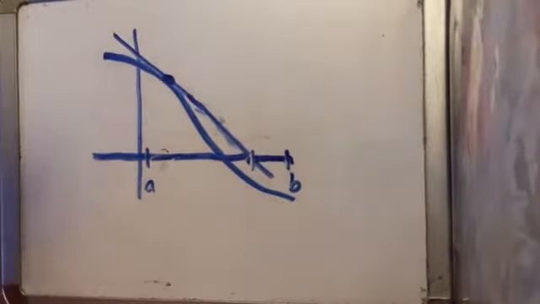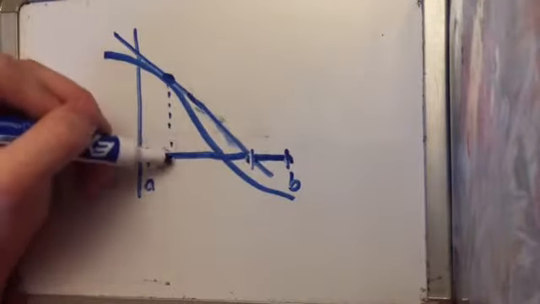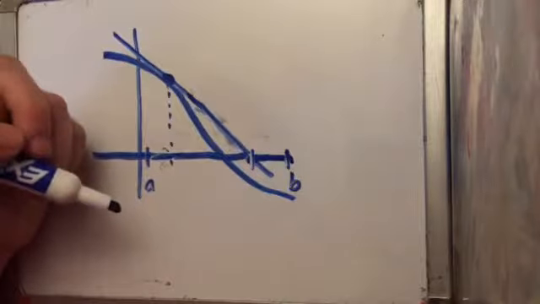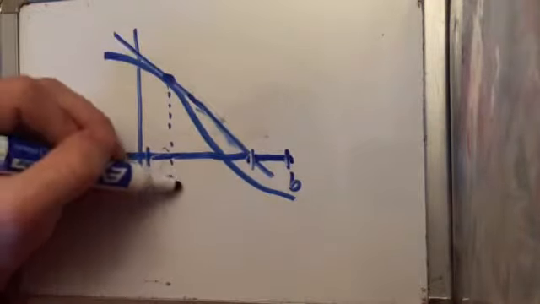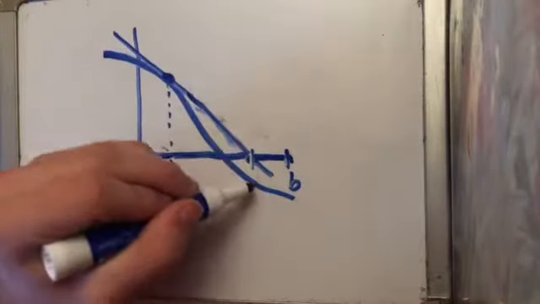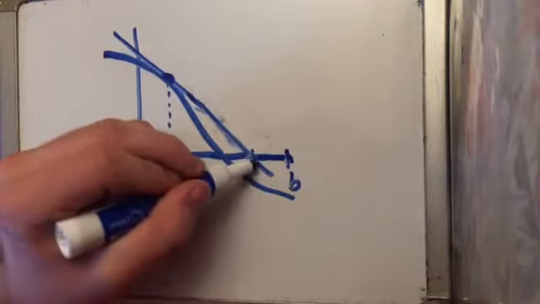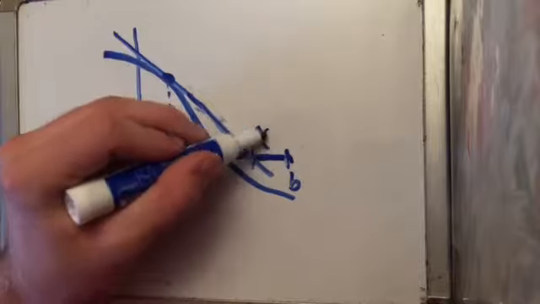we have a value where there's a tangent line of the function, which is x1, and we have an actual x-intercept over here, which we'll call x2.